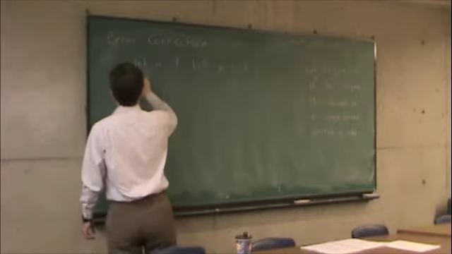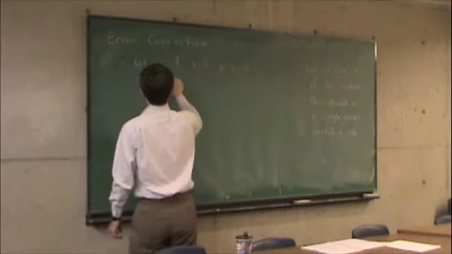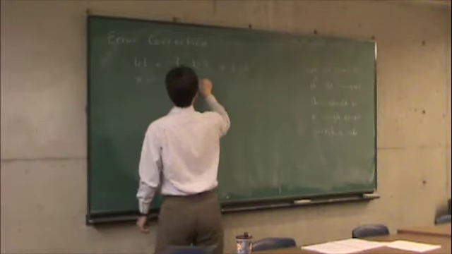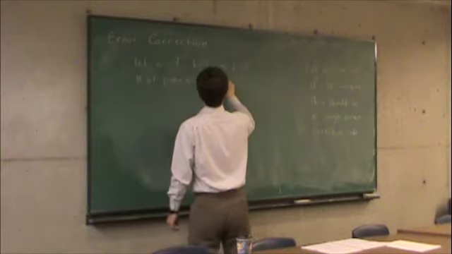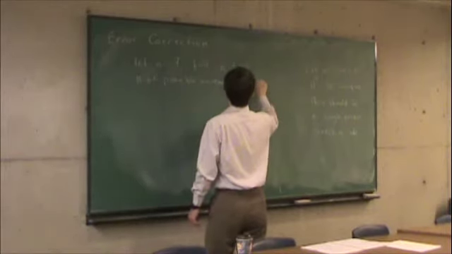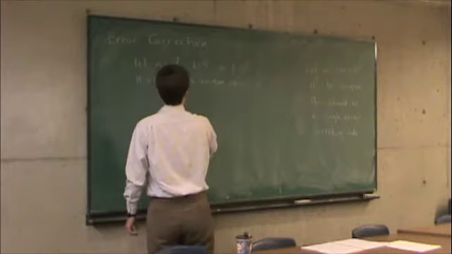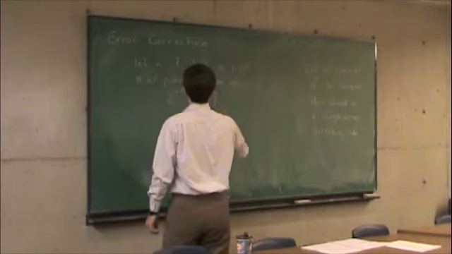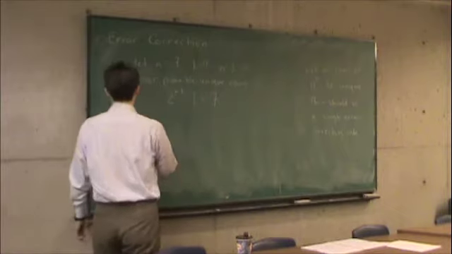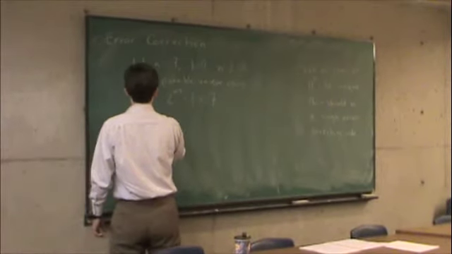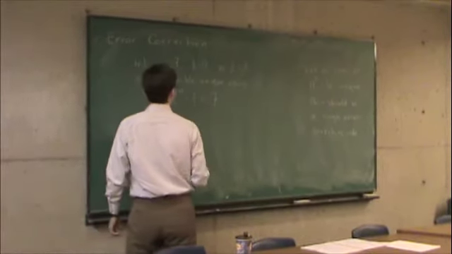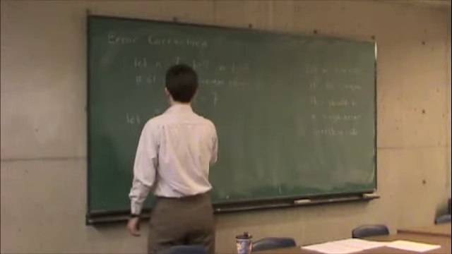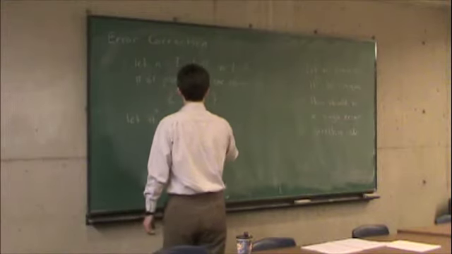So the number of possible unique rows is 2 to the power of n minus k, minus 1, which is 7. So I'm going to let H transpose be a 7 by 3 binary matrix.